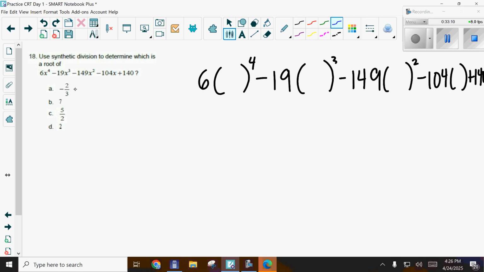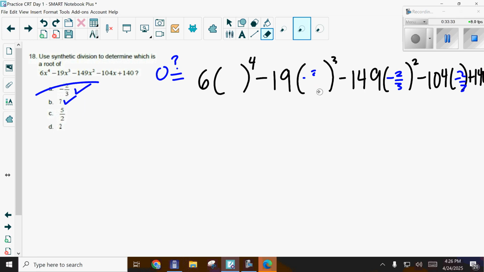What you could do is take this number and plug it into all of these, 2/3, negative 2/3, and you can check, does that actually give me 0? If it doesn't, then that's not the answer, and you move on to the next one. Then you would clear these out and try it with the 7. Now I'm saying that's too long.